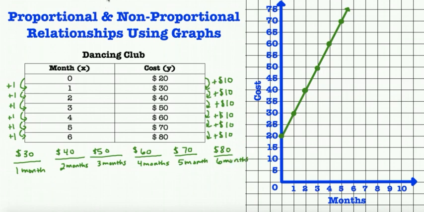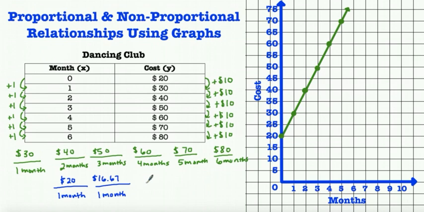So if we simplify these, $30 per month is simplified, so we don't have to do anything with that. And then we have $40 for the first 2 months, which 40 divided by 2 is $20 a month. And then we have $50 for 3 months, which ends up being around $16.67 per month.